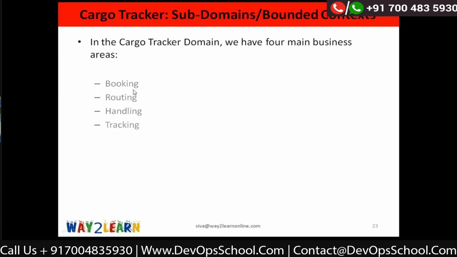Booking domain: suppose any customer comes to DTDC, they have to book a cargo, right? Cargo or courier, whatever it is. Booking is one domain. Let's assume that one customer wants to book a cargo from Bangalore to Delhi. So the source is Bangalore, the destination is Delhi.